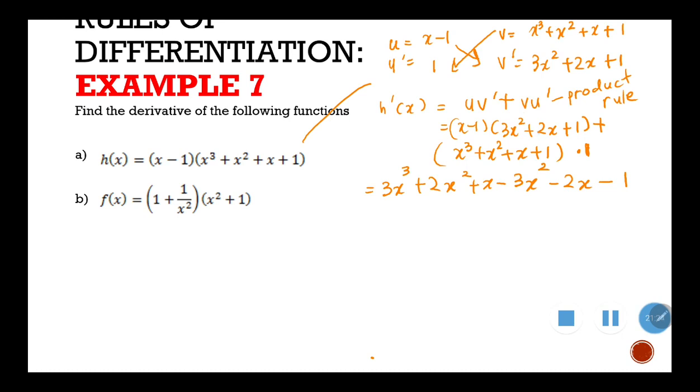And then plus this part here, x cube plus x square plus x plus 1. For the final answer, I want you to try yourself. The final answer should be 4x cube. Okay, class?